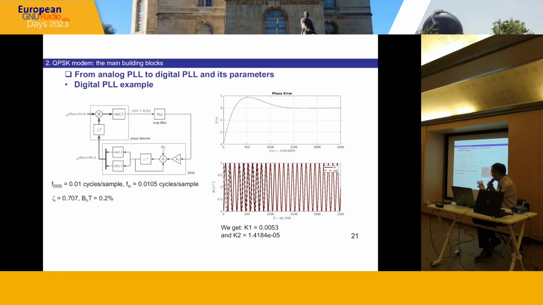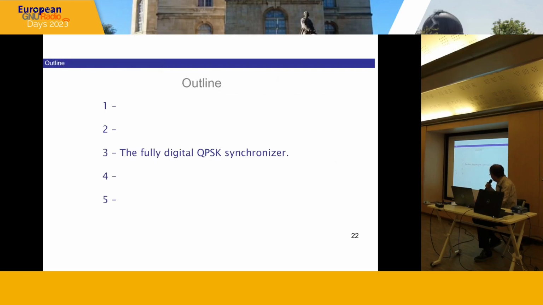So this is done just with a MATLAB program. You can do it in C or whatever you want. So even an oscillator, you can do it numerically. So that's really nice about that.